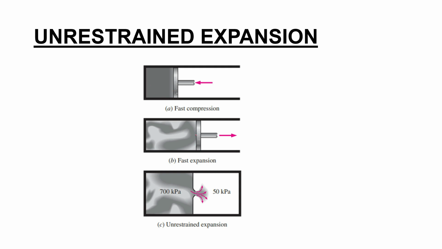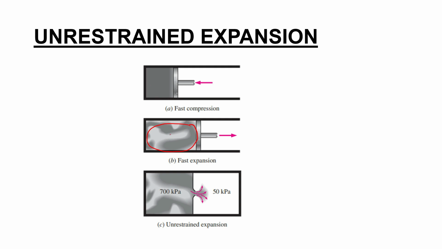The same thing happens during a fast expansion. In a fast expansion, you will have less pressure near the piston, and you have more pressure here. In that case also, the process becomes irreversible because throughout this process the system is not in equilibrium.